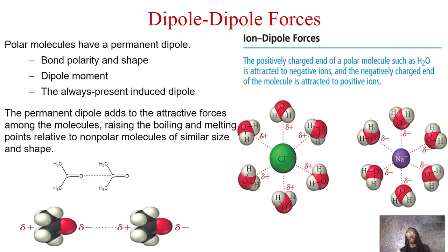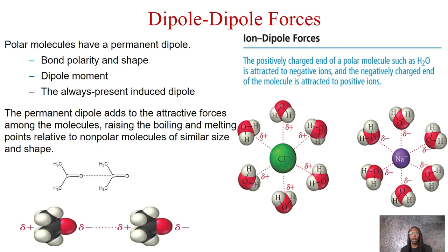So because our hydrogen end will be the partial positive side, they're going to be attracted. So once again, these forces are just attractions. So we're going to see attraction between our positive end and the negative end from our chlorine. So this is where our ion dipole force will start to begin, right?